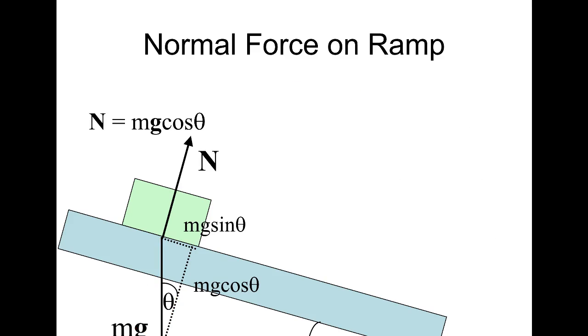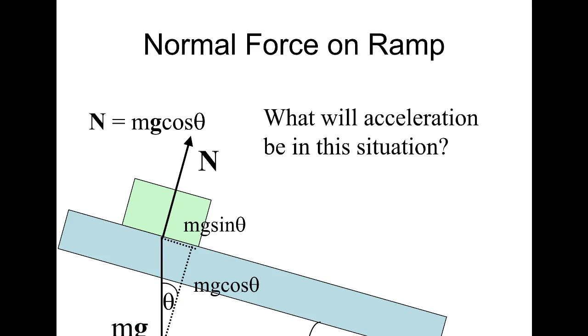Now, what acceleration would we have in this situation? So now we need to think about what is going on with all of our different forces. Well, the sum of the forces will be equal to mass times acceleration. And if we think about this, the block will be accelerating down the incline this way.